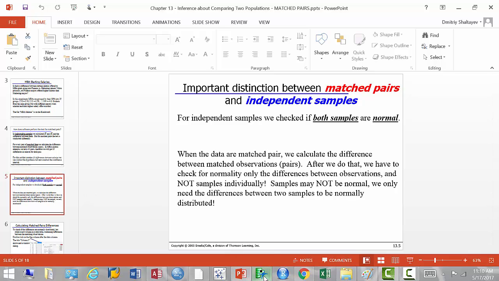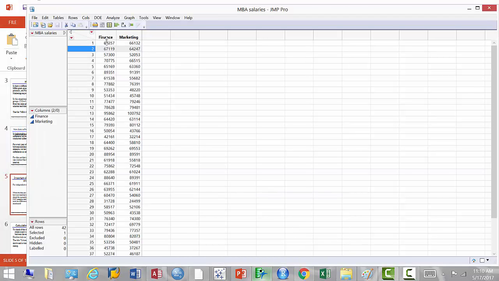If I'm looking at the first line, for example, 68,357 versus 66,132, the first thing the software will create is the difference between the finance number and the marketing number on the same line, between the matched observations. And then it will calculate the same difference for line 2, line 3, and so on for all the lines. So instead of column 1 and column 2, two different columns of data, we're going to calculate one column of paired differences.